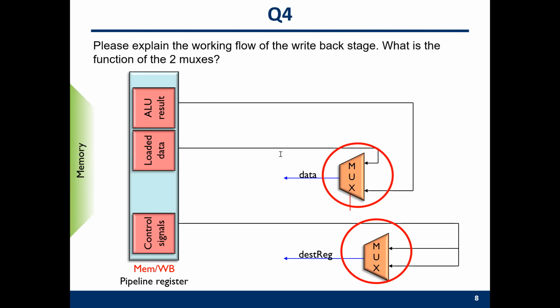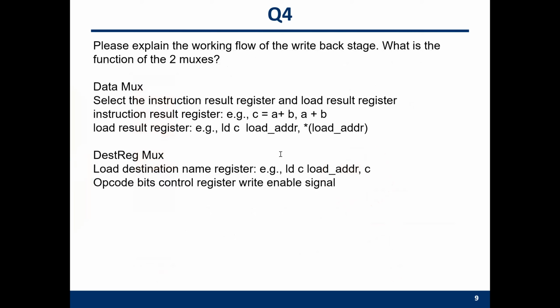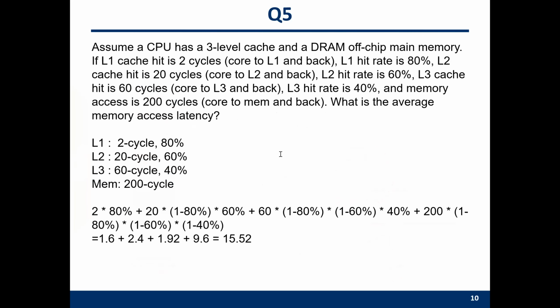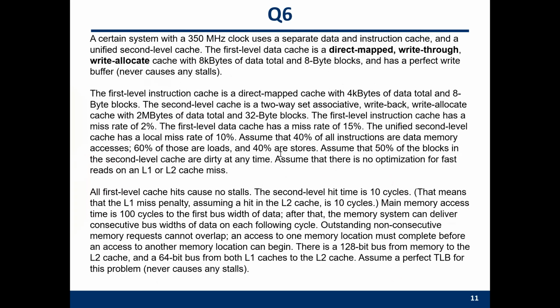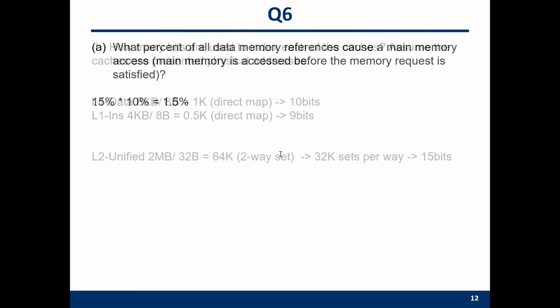So the first 4 questions in this review are related to the 5-stage pipeline, and I will just ask the details, the functions of these components. You can just check in the review slides. And then we will have some average memory access latency calculation.